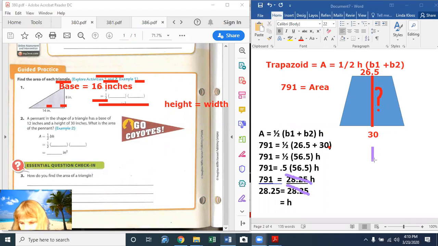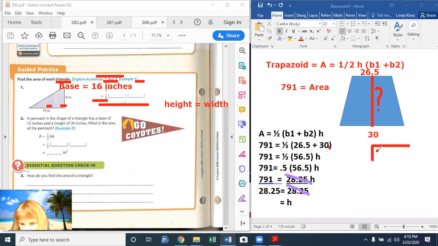So long division, we make our house. Now we ask ourselves, which number, 791 or 28.25, goes on the inside? Always the numerator.